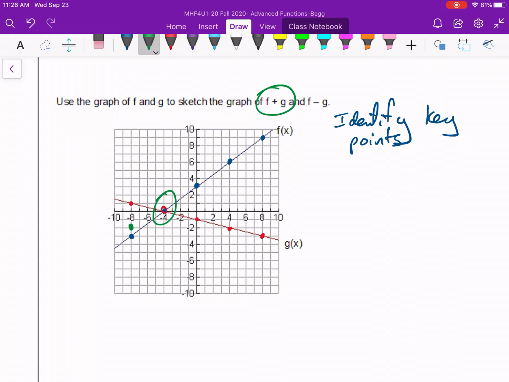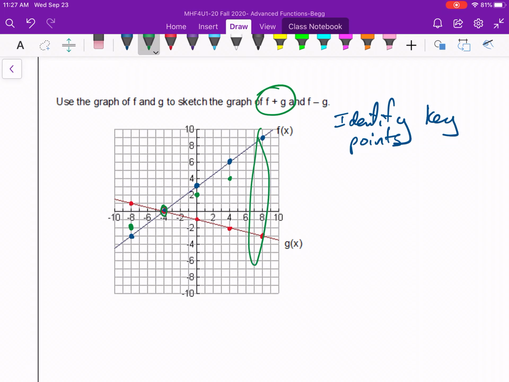At negative 4, I've got y coordinates of 0. 0 plus 0 is still 0. And then here, I'm going to add negative 1 and 3, and I'm going to get positive 2. I'm going to add negative 2 and 6 and get positive 4.